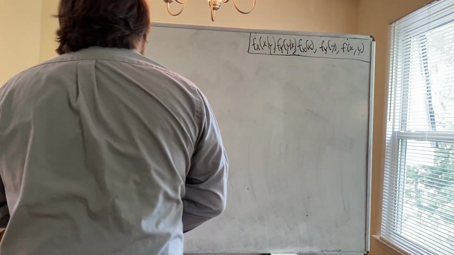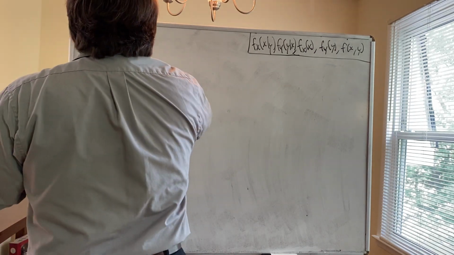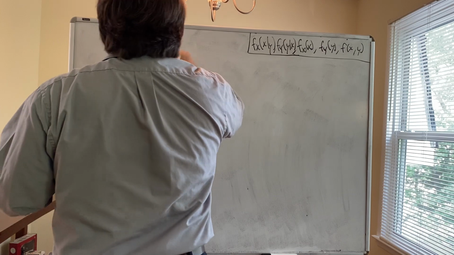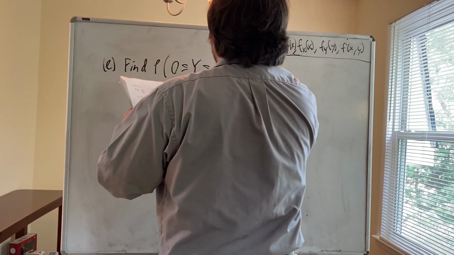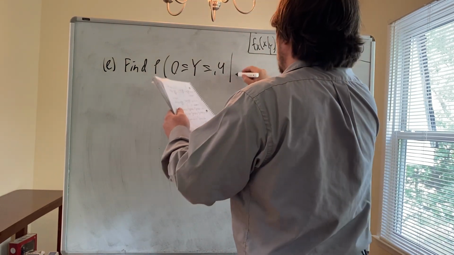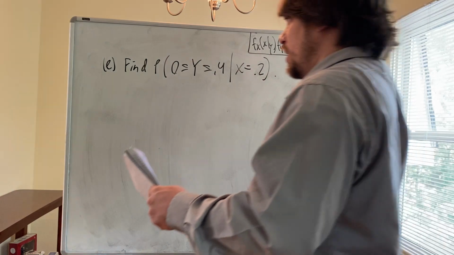Okay, so part E. So for part E, find the probability that 0 is less than or equal to y, less than or equal to 0.4, given that x is equal to 0.2. The solution?